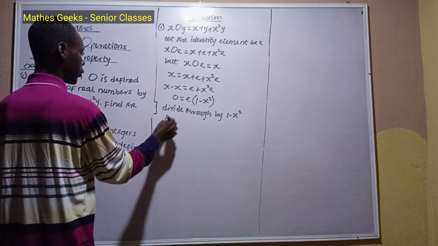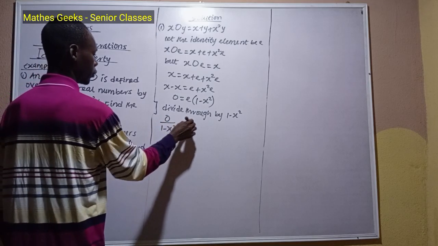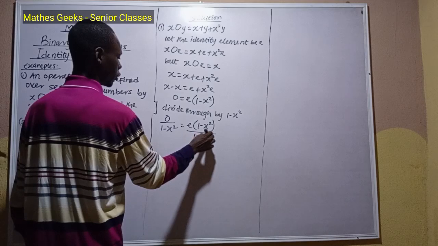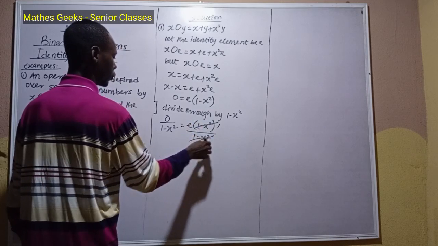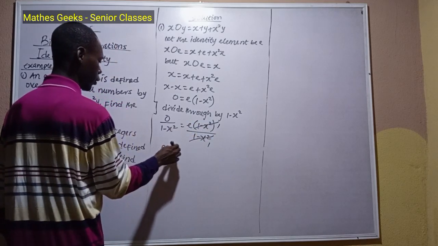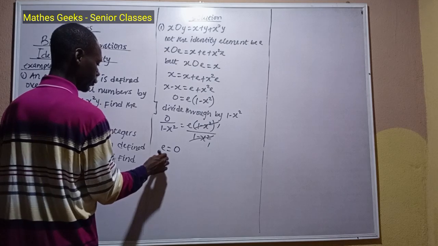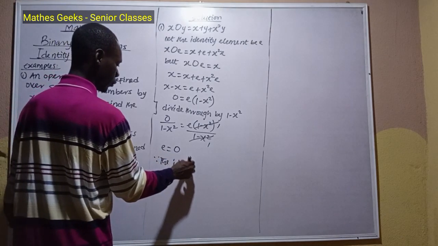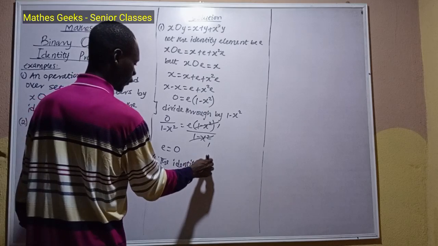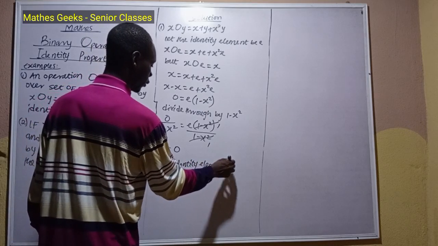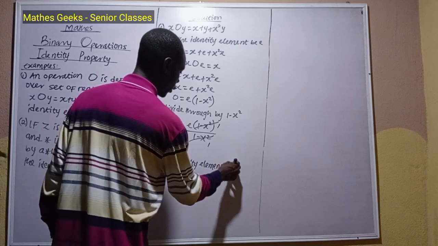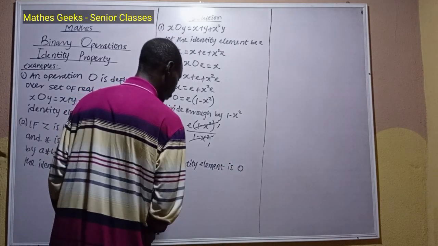We have 0 over 1 plus x squared equals e times 1 plus x squared over 1 plus x squared. So e is equal to 0. Therefore the identity element is 0.